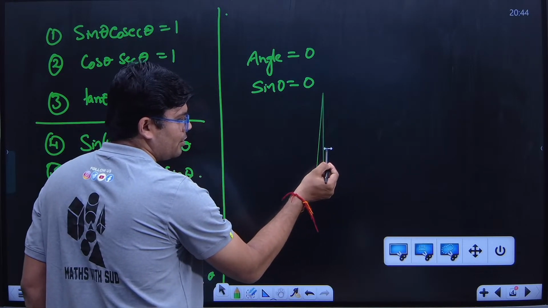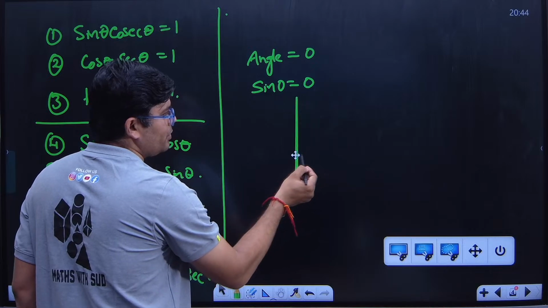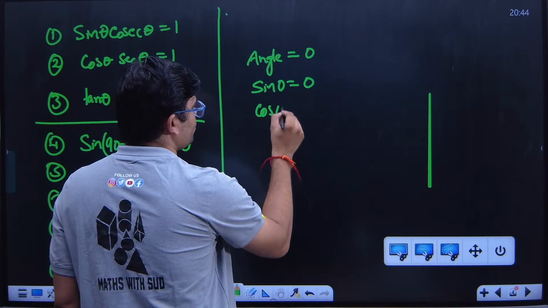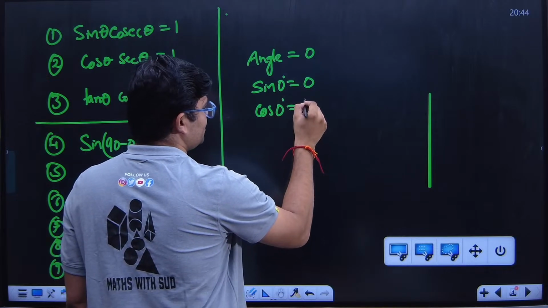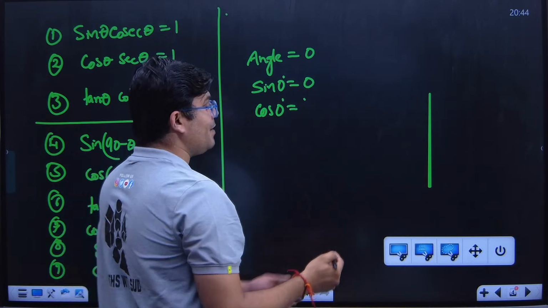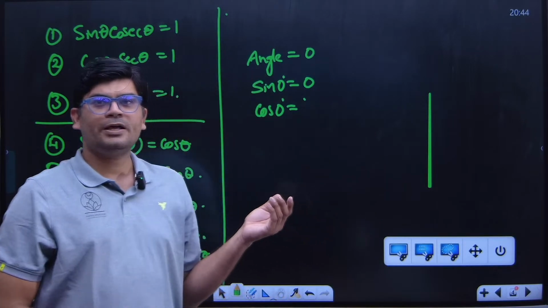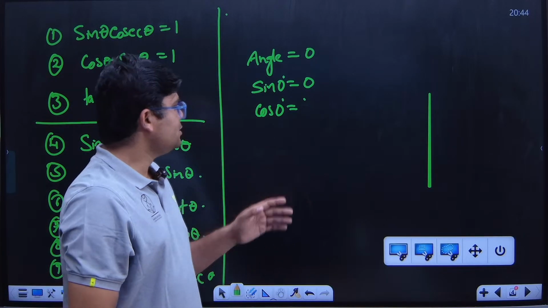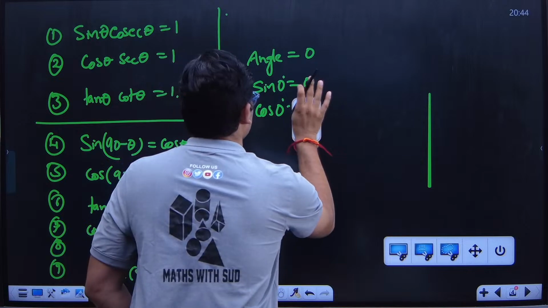Can you see that? Yeah. And the base has coincided with the hypotenuse. So when I am increasing the angle, it has become 90 now.